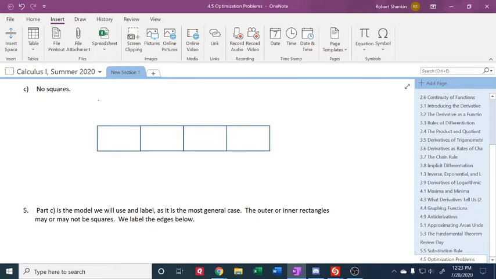We could label any of them in any way, but we'll call this x, and then this is x again, x again, x again, x again, and we have a choice. We can take one of these from here to here and call it y, or we could take this whole distance from here to here, call it y. It doesn't matter. We'll solve the problem either way. But I'll choose to do it like this.